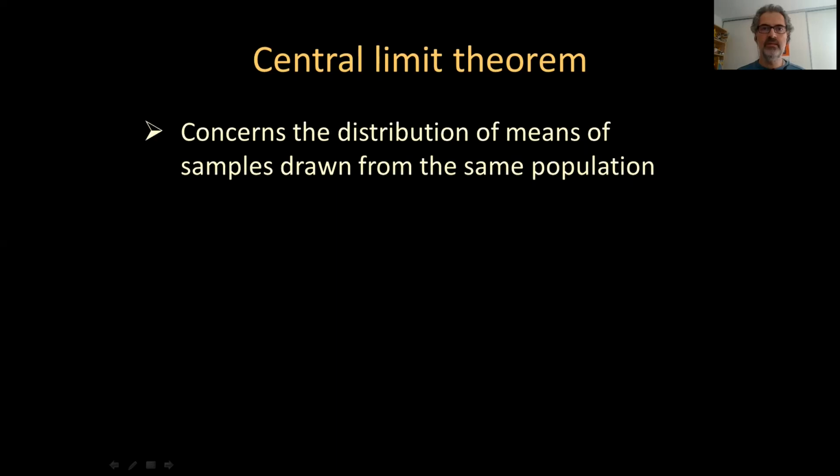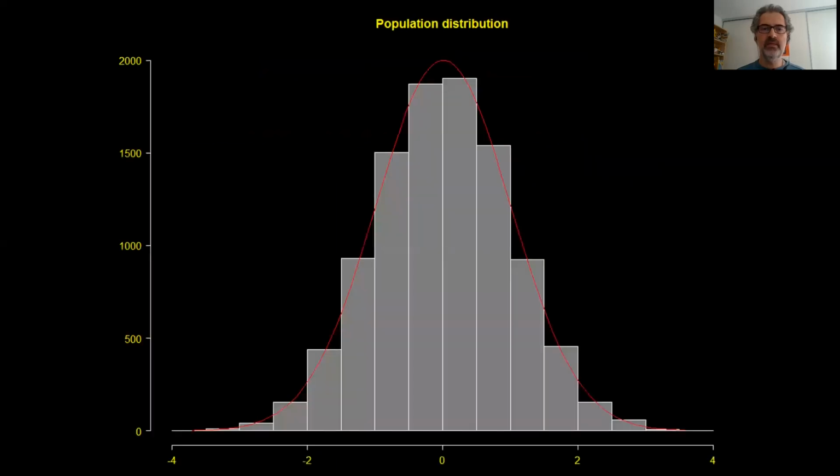To illustrate this concept, let us start with a population. This is a large population with normally distributed values with a mean of 0 and a standard deviation of 1. We will draw thousands and thousands of samples with size 10. So 10,000 different samples with size 10, completely randomly drawn.